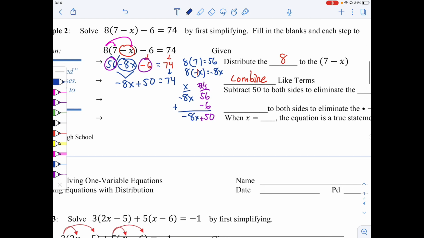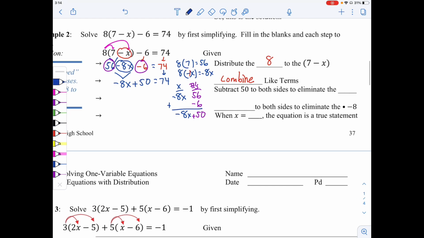Now we solve. We're going to subtract 50 from both sides to eliminate the plus 50. So we have negative 8x equals 74 minus 50, which is 24.